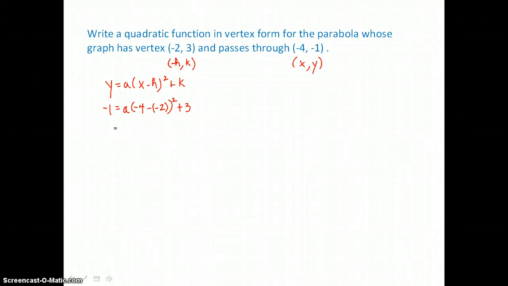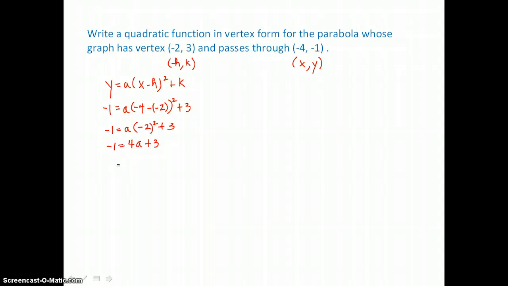So now we can solve for a. Inside parentheses I'm going to simplify because I have -4 plus 2, which is -2. And that -2 squared is 4, so I have 4a plus 3 on the right hand side.